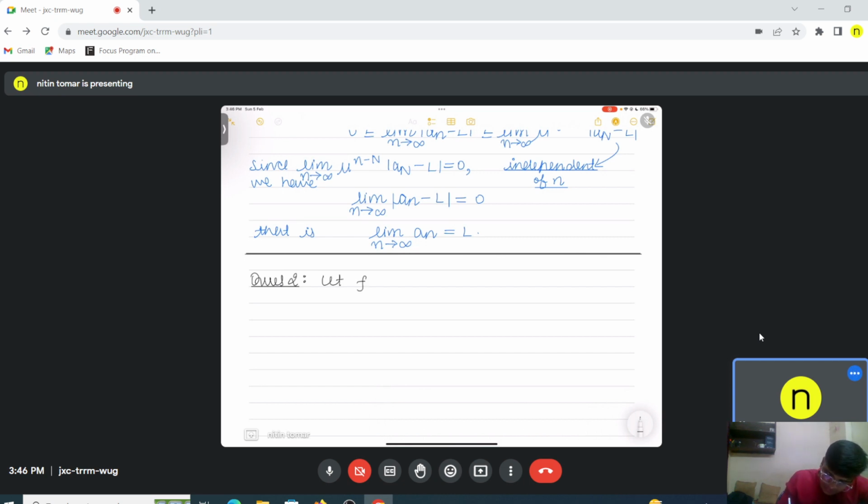Let f be a continuous function on this interval [a, b], such that the following holds.